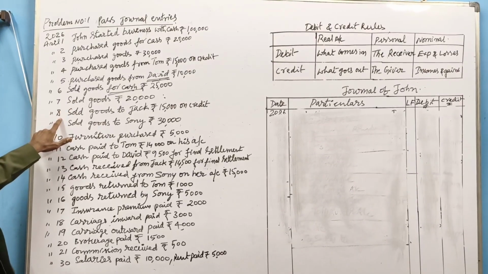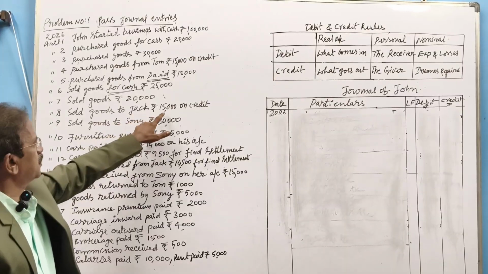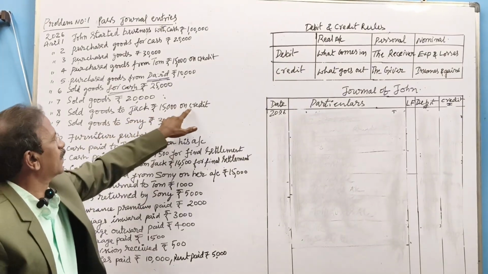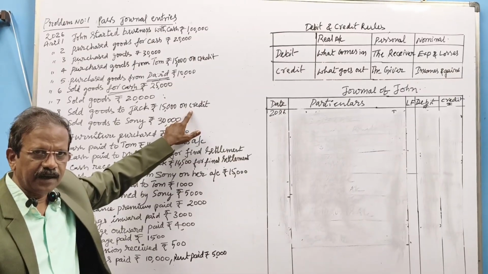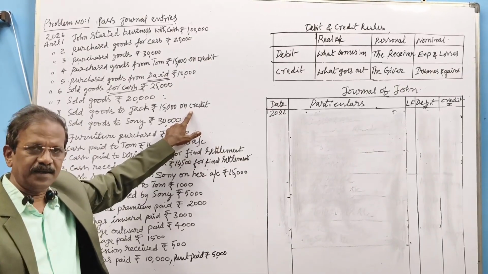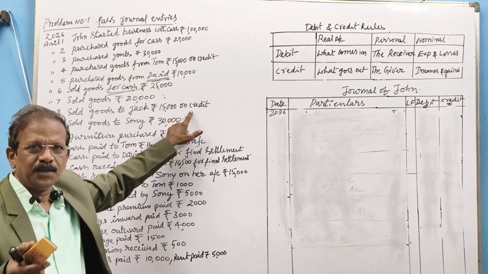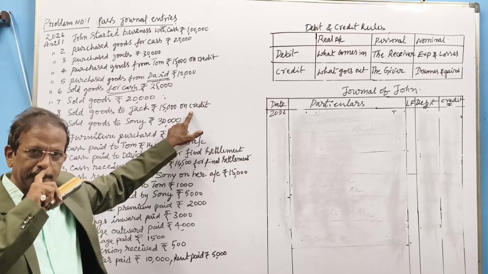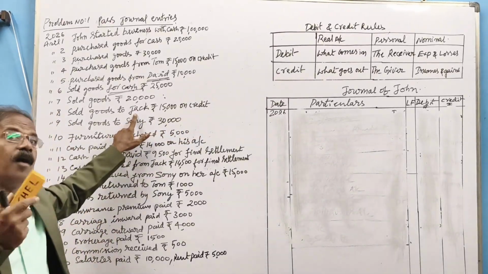Now, sold goods to Jack, rupees 15,000 on credit. What comes in? Nothing, because we are selling the goods on credit basis. When you sell the goods on credit basis, you are not receiving anything. Instead, Jack is receiving our goods.